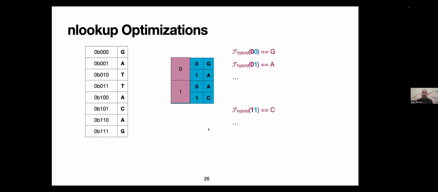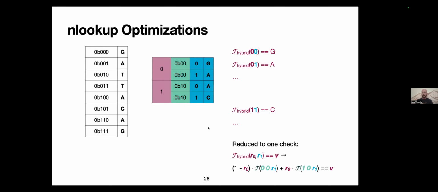Again, we have to structure our final check to correspond to the original table structure, which is this green column here. The verifier has to understand where these chunks came from so he can understand how to check them against the original commitment. In this final check, the prover says, okay, my final claim about my hybrid table is about this point R0, R1.